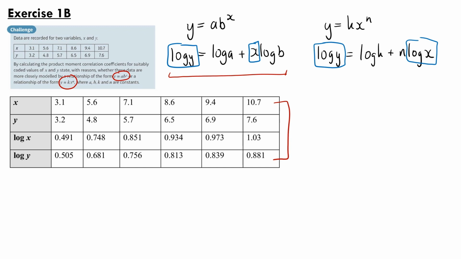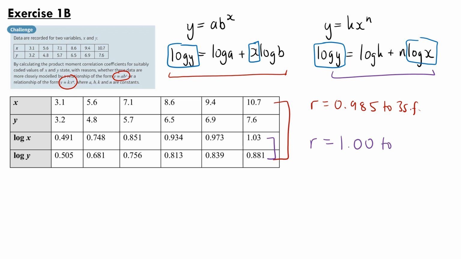That gives us r equals 0.985 to 3 sig fig. Then if we do the same with log of y and log of x, we calculate the PMCC and that gives us 1.00 to 3 sig fig.